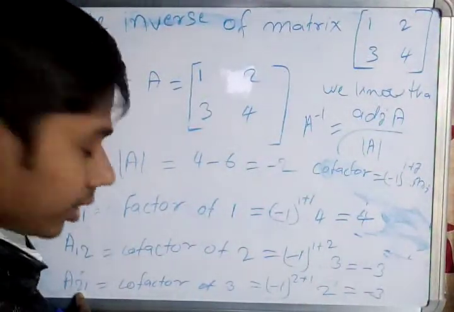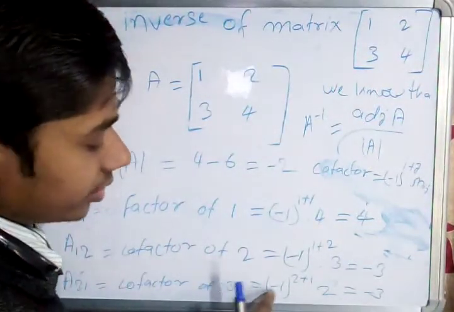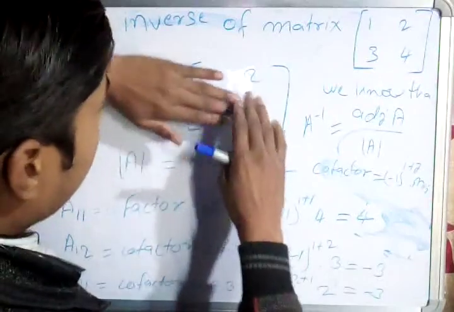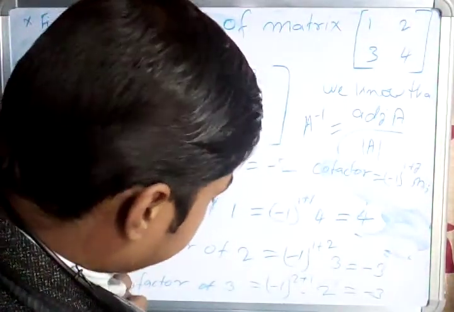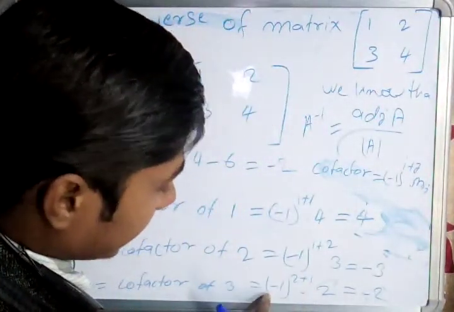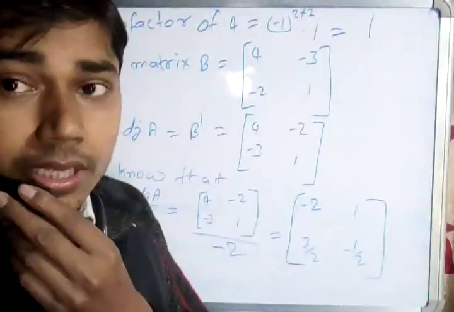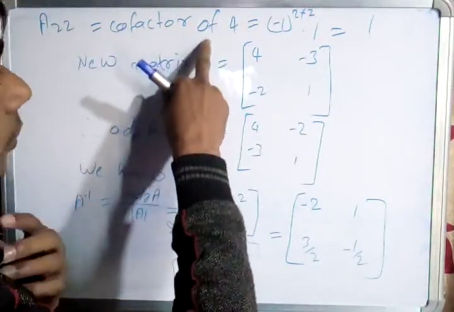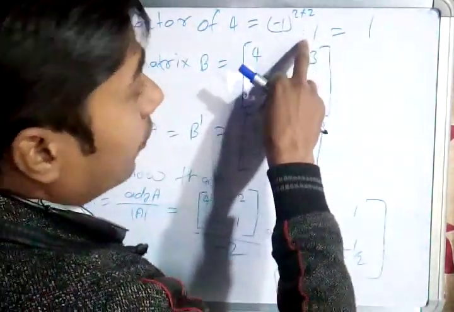Then A21, the cofactor of 3. Delete the second row and first column, the left element is 2, and multiplying by (-1) to the power 3 gives -2. The other term is A22, the cofactor of 4, which is (-1) to the power 2 plus 2 multiplied by 1, equal to 1.